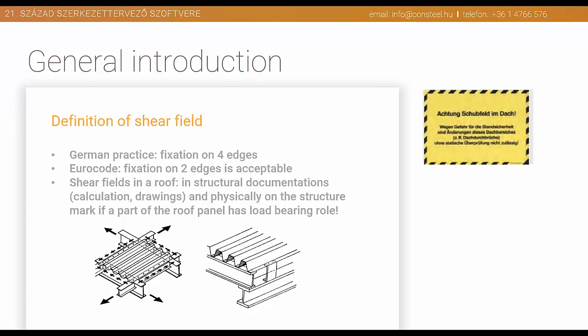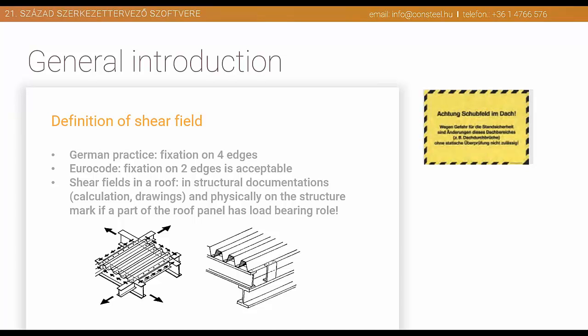But the German approach also requires that additionally to the purlins, also in perpendicular direction along the length of the panel, there should be a load-bearing element to which the panel is at certain distances connected. This is not necessarily so easy. Usually this requires additional structural elements to be placed within the building and additional connector elements to be used.